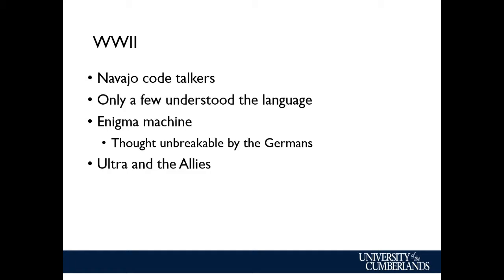Because there were such a small number of them, no one knew their actual language. So it allowed them to transmit information over airwaves, and if the Japanese received them, they wouldn't know what they were saying, because the Navajo language was so minor in the world that very few people knew it, and unless you were another Navajo, you wouldn't be able to crack it. So that was an important part of the war, that they were able to talk openly, but no one would be able to talk to them unless they were another Navajo.